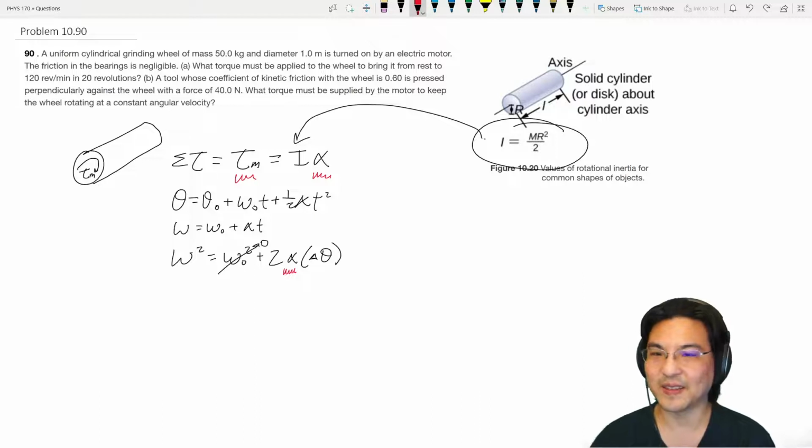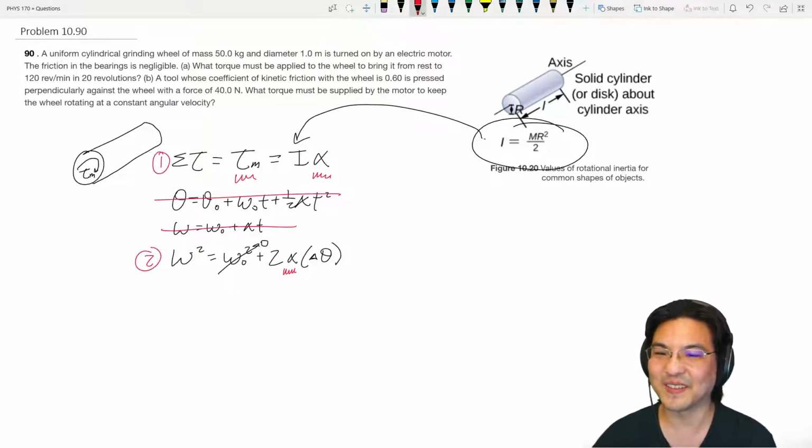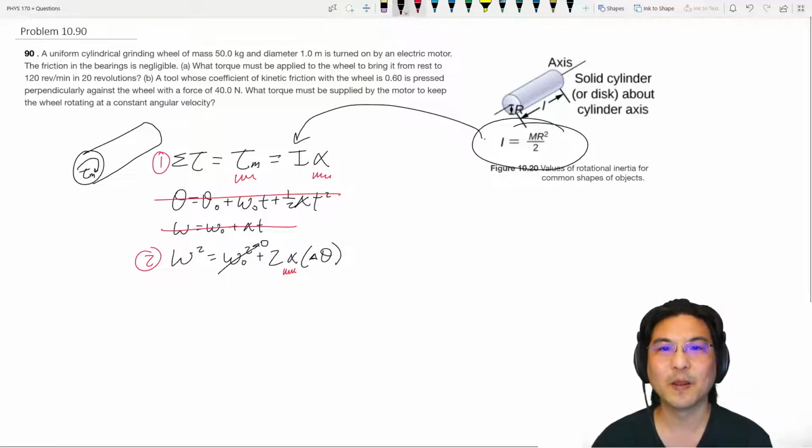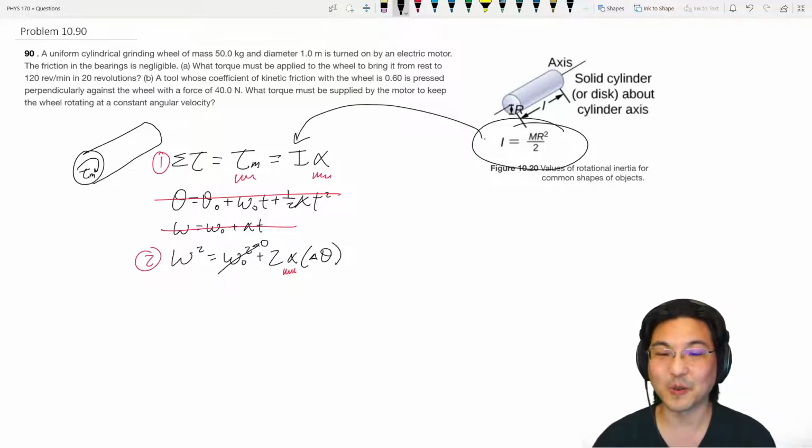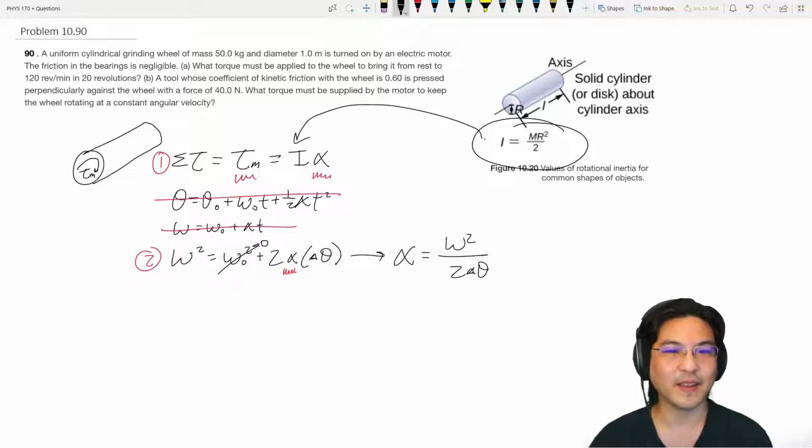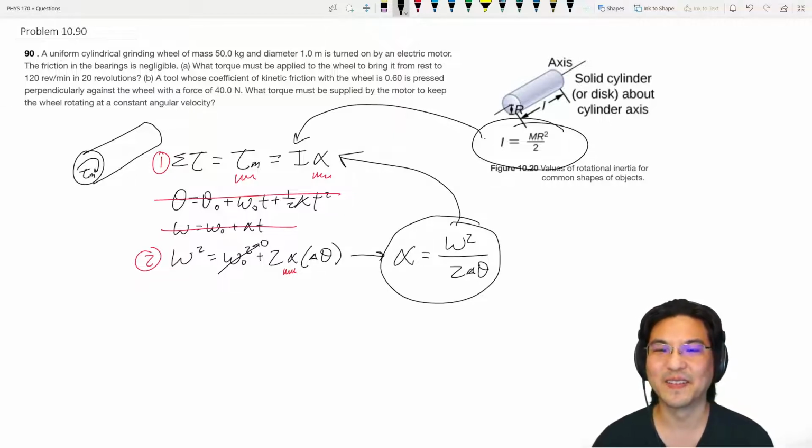Okay, so I think that's it. So we have this one and this one. Never mind these. So these two equations. Equation 2 only has the one unknown, so let's solve for that. Alpha is omega squared over 2 delta theta. And then we can plug that in right there.